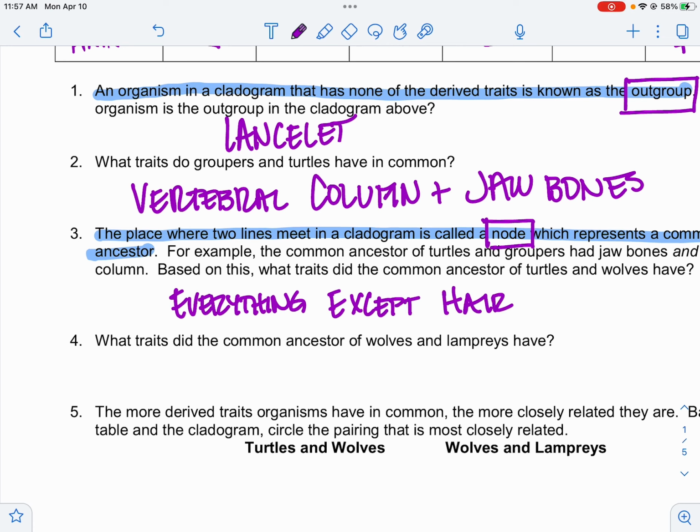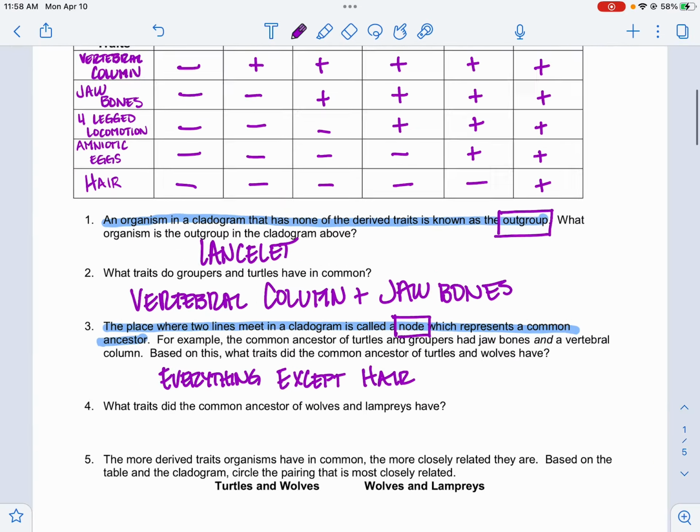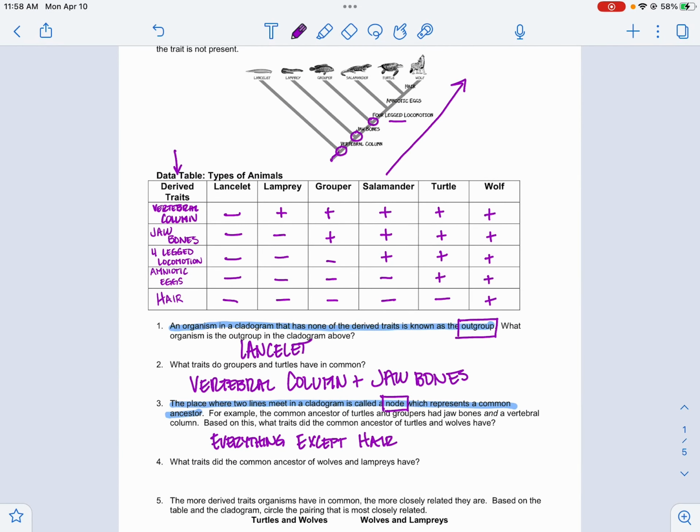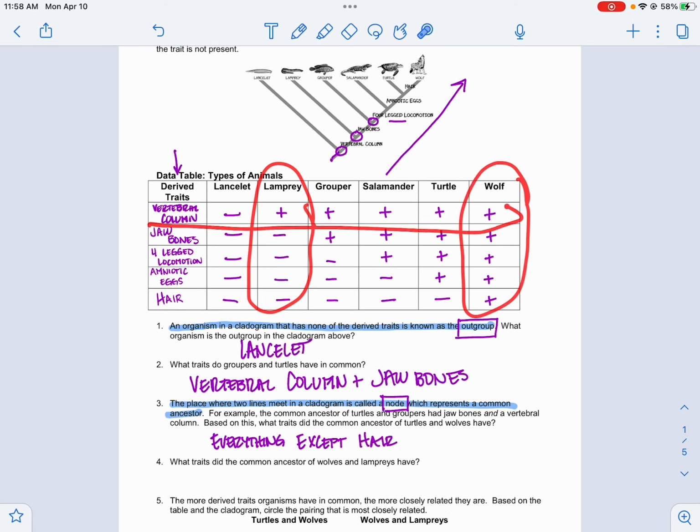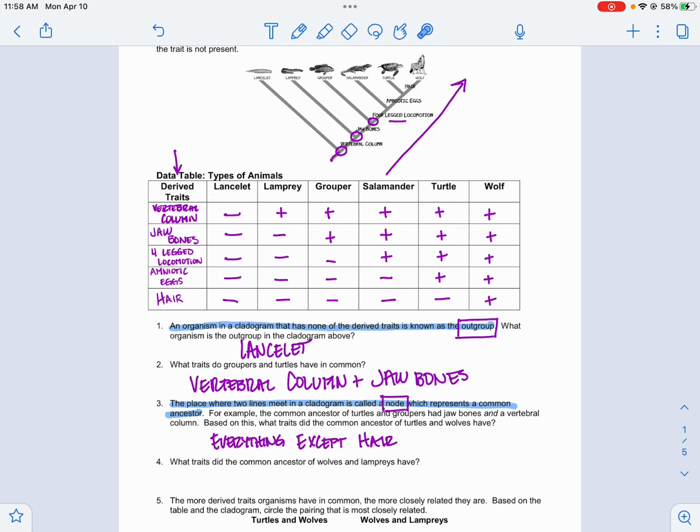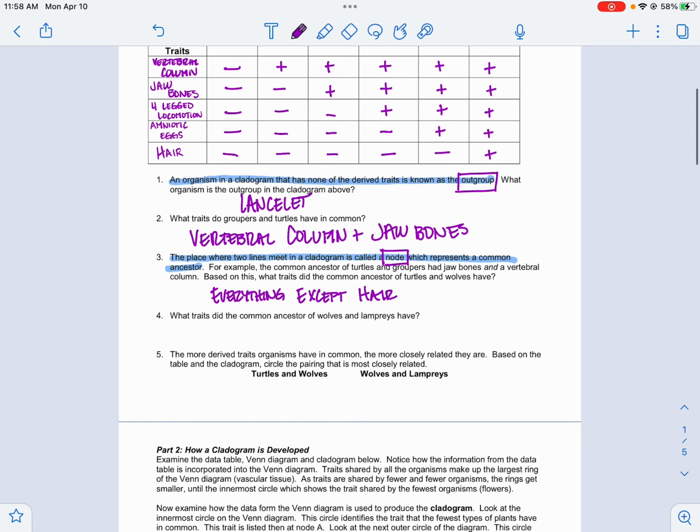What traits did the common ancestor of wolves and lampreys have? So if we look at wolves and lampreys, really the only thing that they have in common, you can look here at this chart as well, is the fact that they both have a spinal cord, a vertebral column.